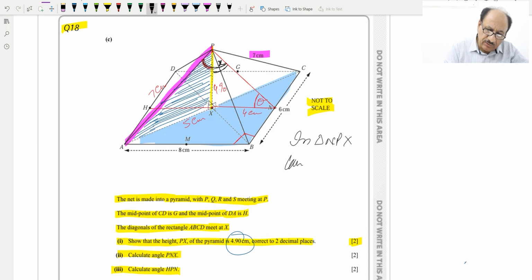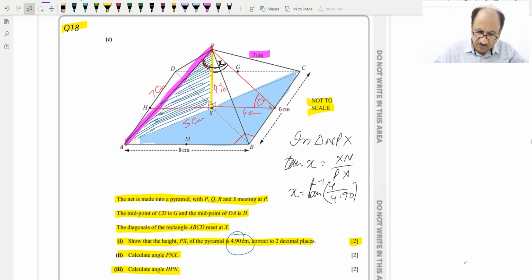So tan X will be equal to AX over PX, which is equal to 4 over 4.90, and this one we can take tan inverse over here. So X will be equal to tan inverse of this one.